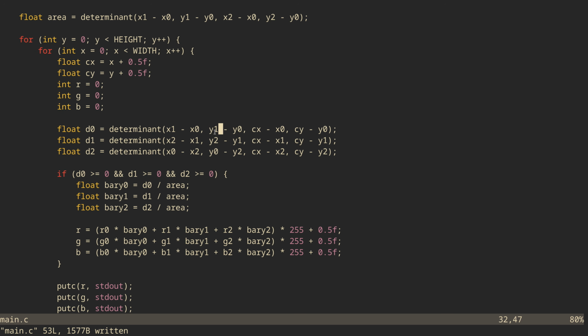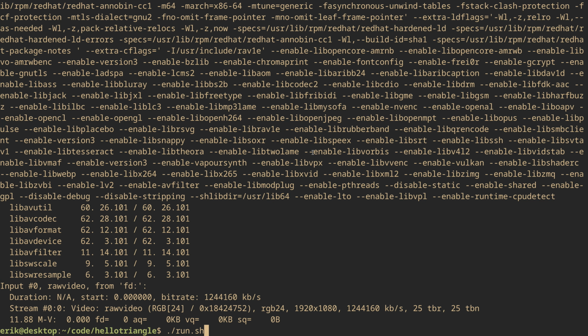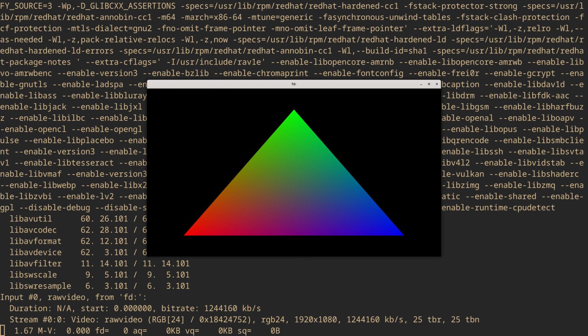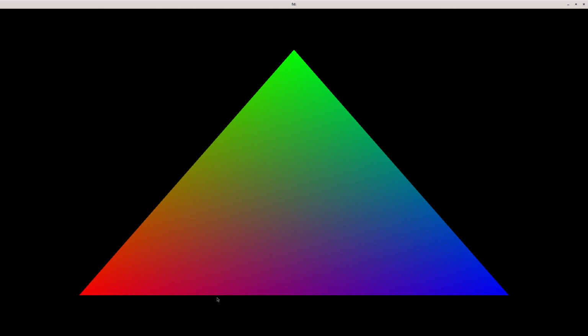So we need to change these where D0 is going to involve these two triangles. D1 is going to involve these two, and then D2 will involve these two. And there's our hello triangle.